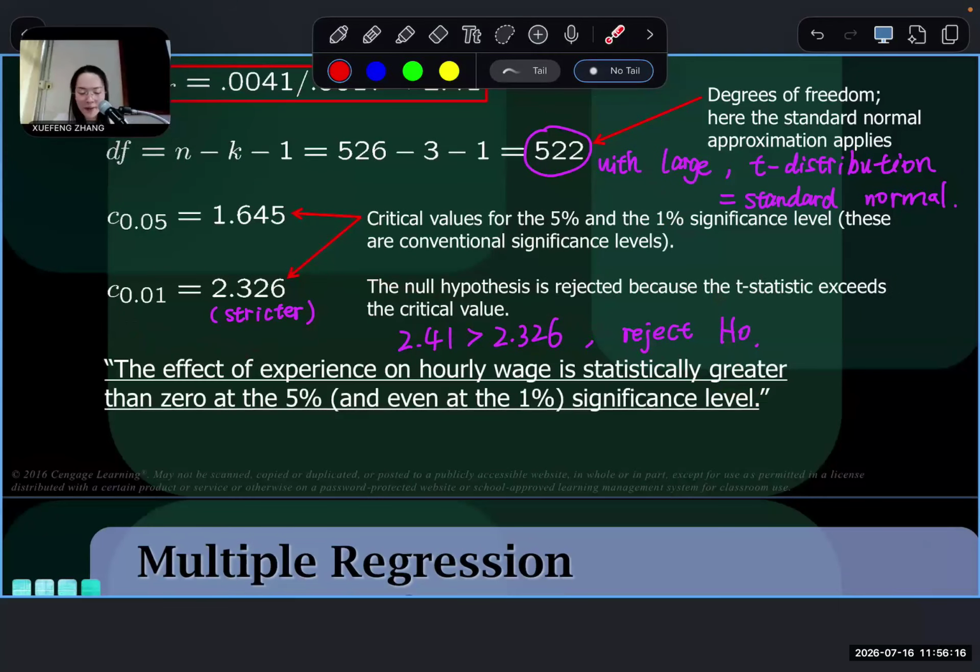So how do we explain this in plain economic language, in terms of the original question, not just reject H0? More experience is associated with higher wages, holding education and tenure fixed, okay? Or, the effect of experience on hourly wage is statistically greater than 0 at the 5% and even at the 1% significance level.